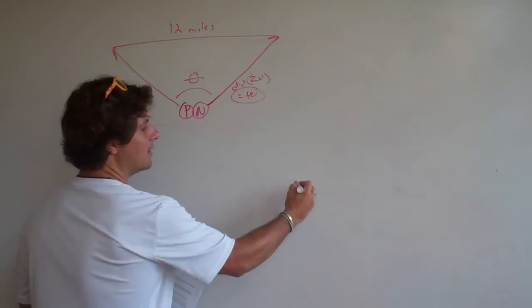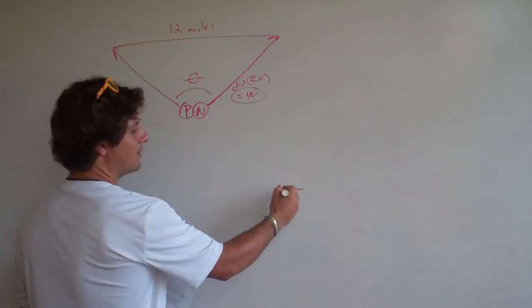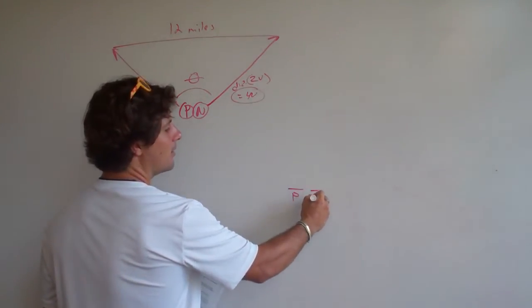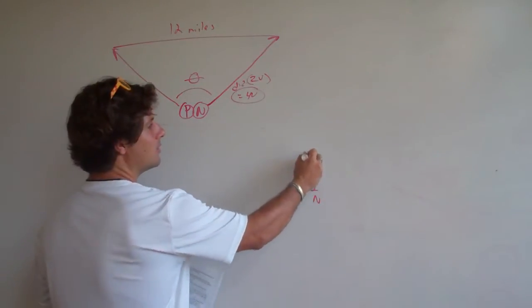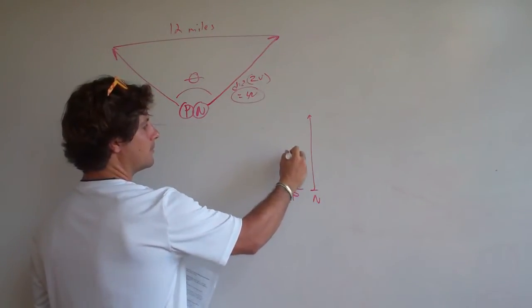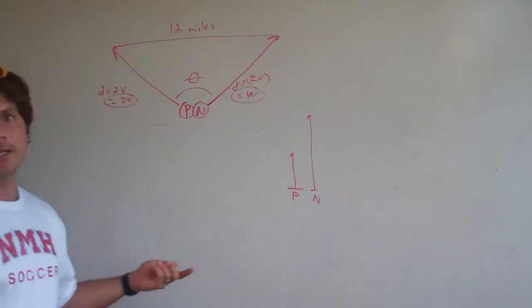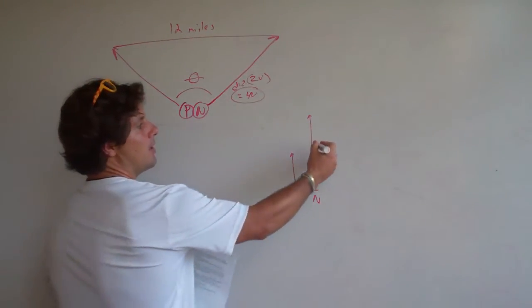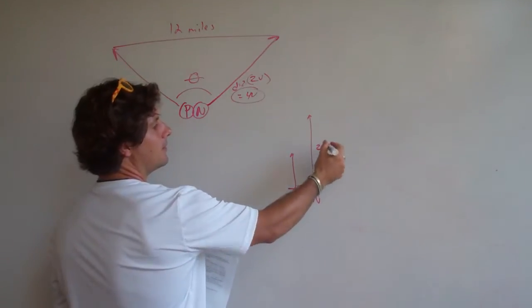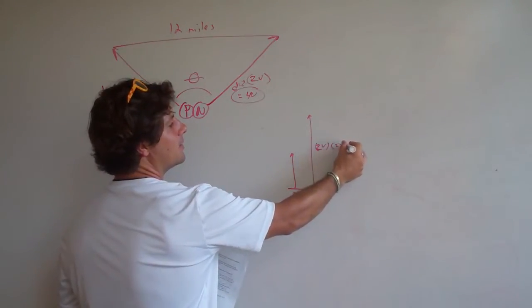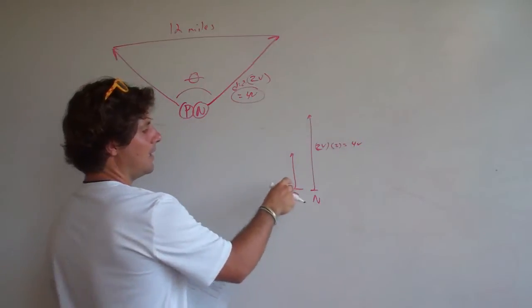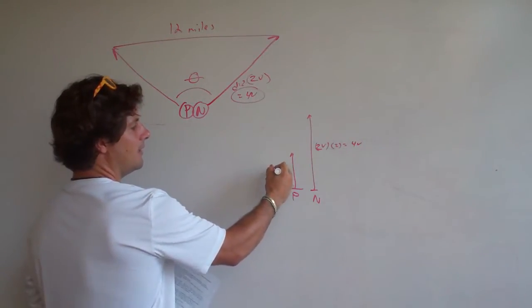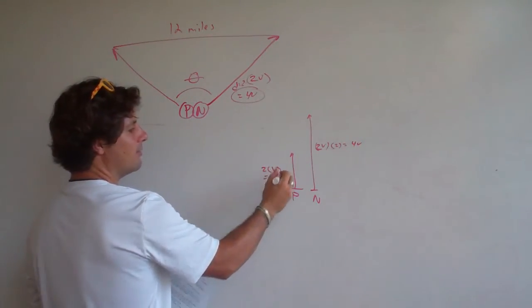So had they gone just straight, here's Pierre and Nicole, had they just run like this, we know that Nicole's going to go twice as far because she's running twice as fast. So 2 hours, again she's running 4v, and Pierre is running v for 2 hours, so he runs 2v.